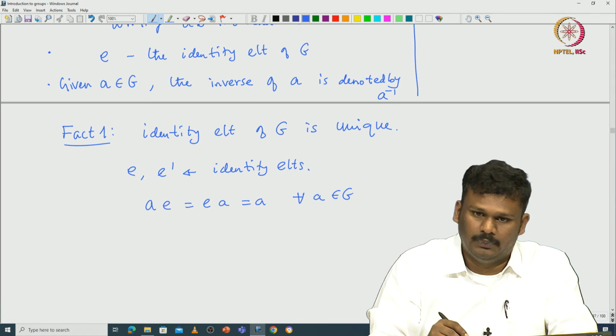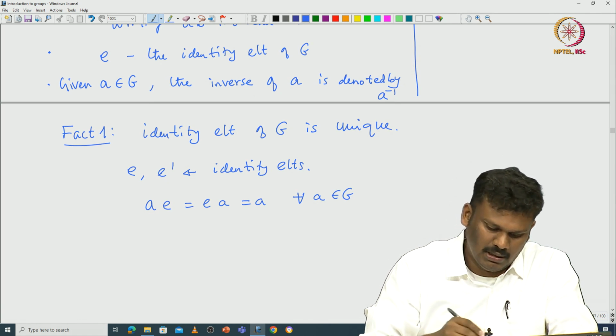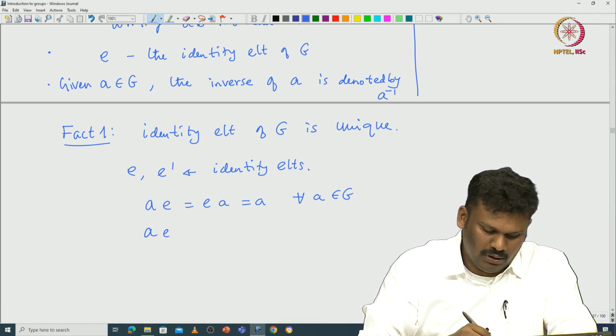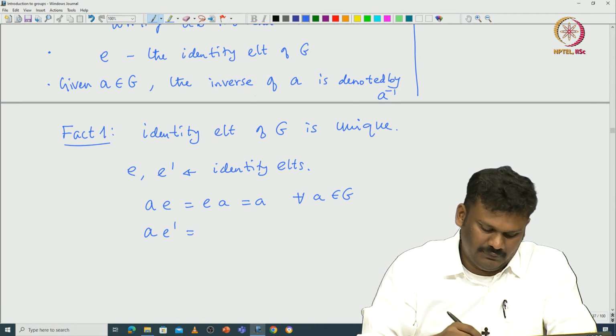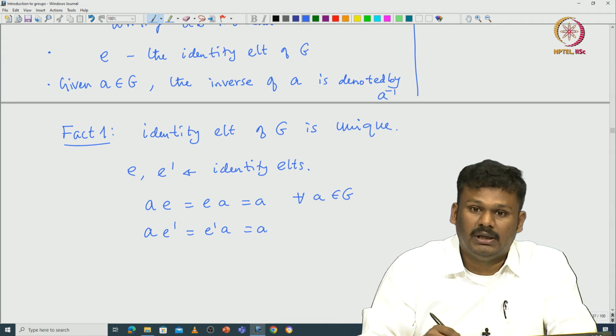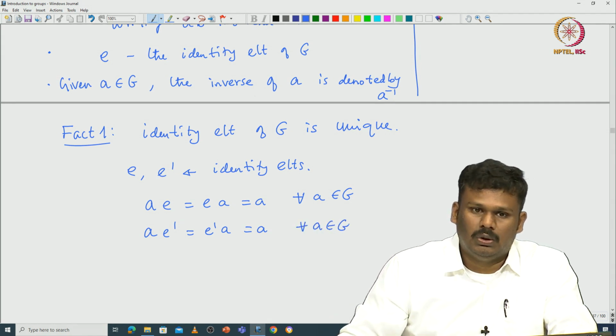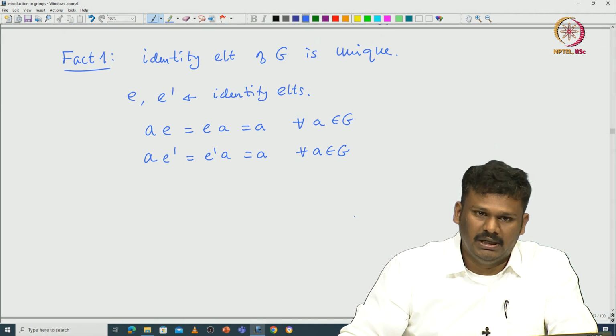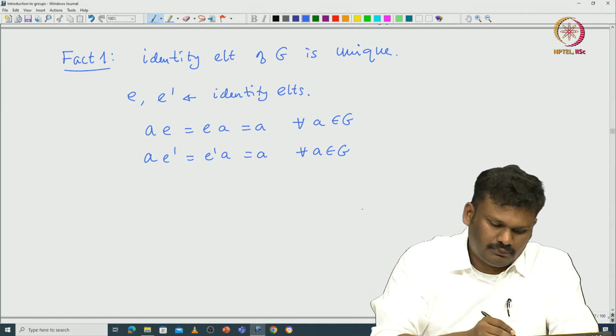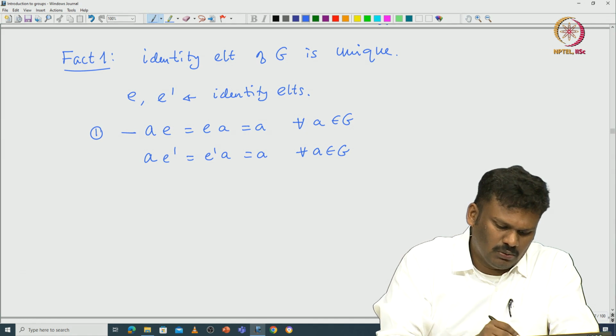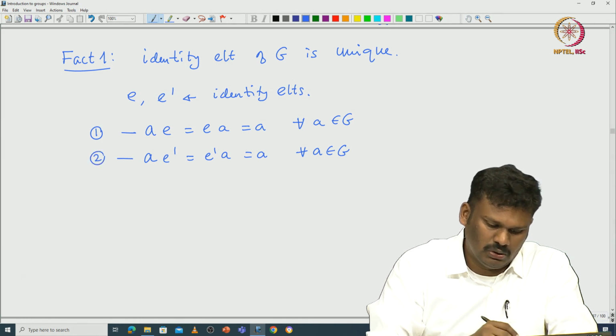So this is the property of the identity element, and the same thing should be true for E dash as well. So AE dash and E dash A should be equal to A for all A in G. So now note that I can take simply, so this you call equation 1 and this you call equation 2.